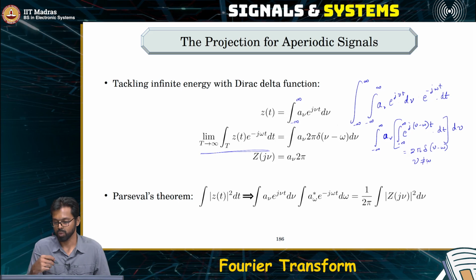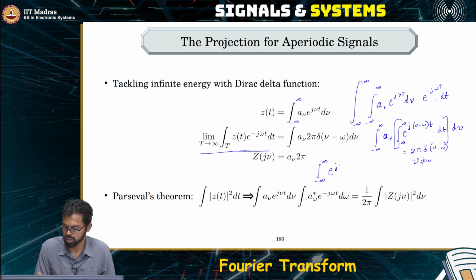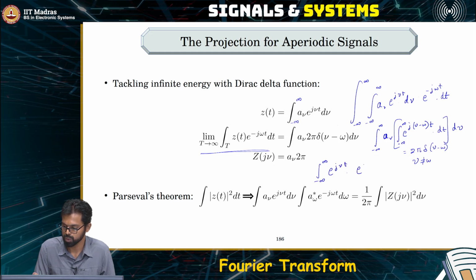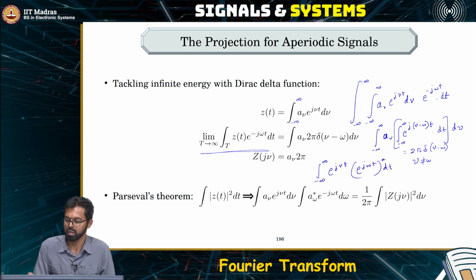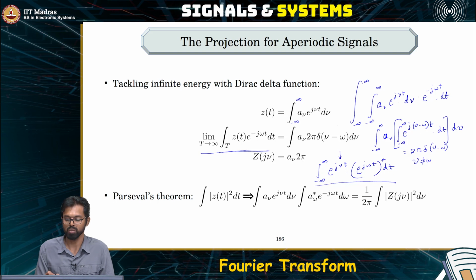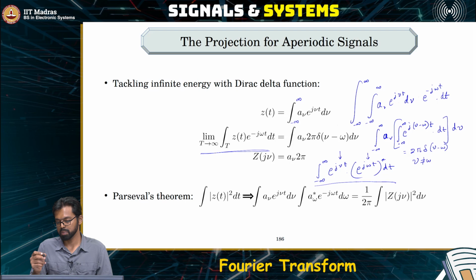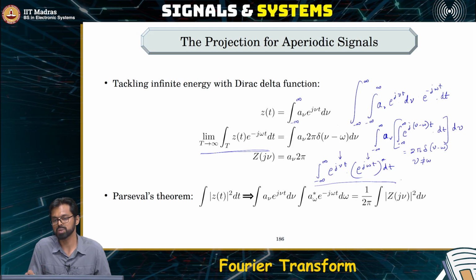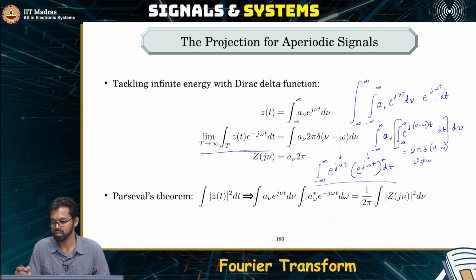This makes sense. Why does it make sense? Because what is this integration after all? This integration is e^{jωt} into e^{-jνt}. So this is the inner product of a phasor with frequency ν and another phasor which has a frequency ω. We know that because they are orthogonal, only when these two frequencies are equal will this integration be non-zero, otherwise it will always be 0.